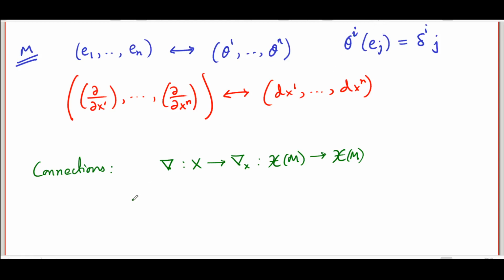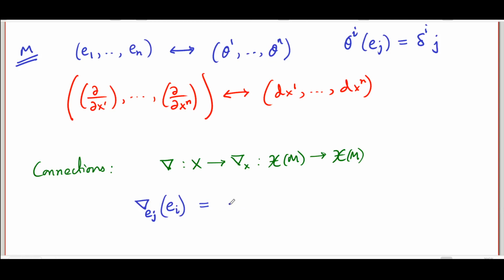What is important for us is the fact that if you take, say, one of the basis vector fields, let's say e_i, and carry out the covariant derivative of that in the direction of e_j, another basis vector field, you're of course going to get a vector field.